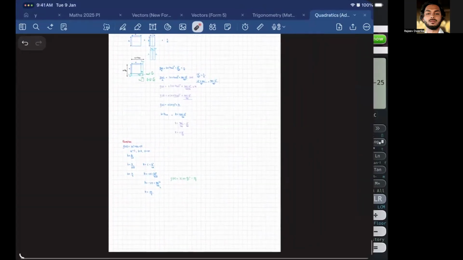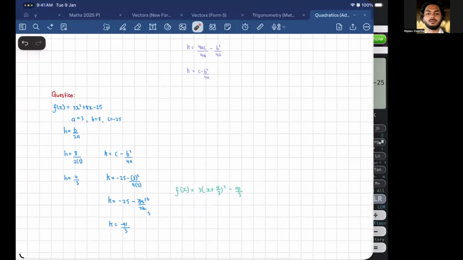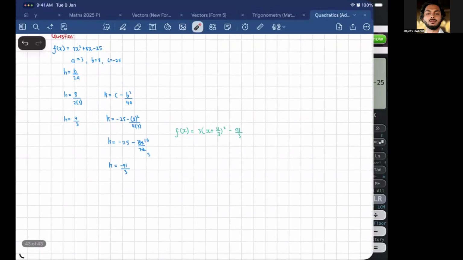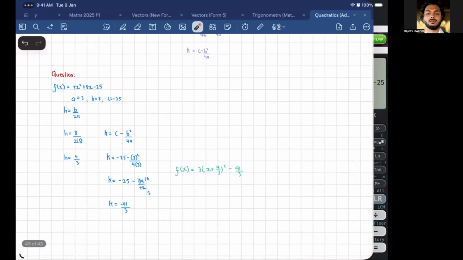Right, so that's essentially it for completing the square. In completing the square questions, we typically use the formulas H and K. Now, just to do a quick recap before I move on, guys, do you all remember how you would find the minimum point using H and K? Minimum or the maximum point?